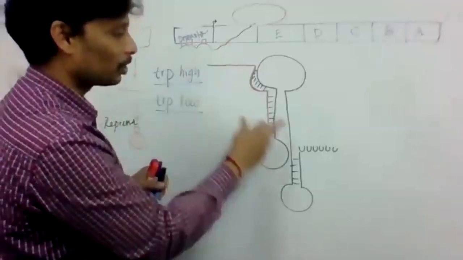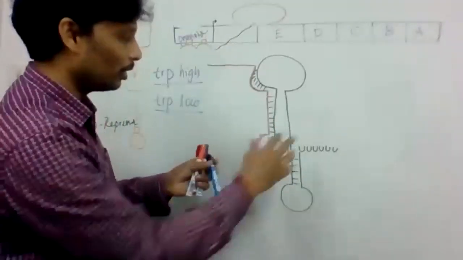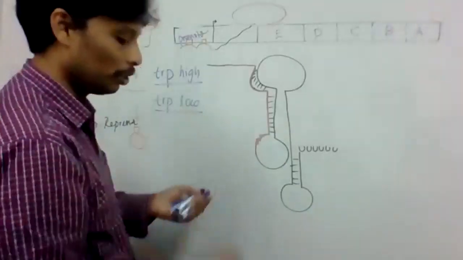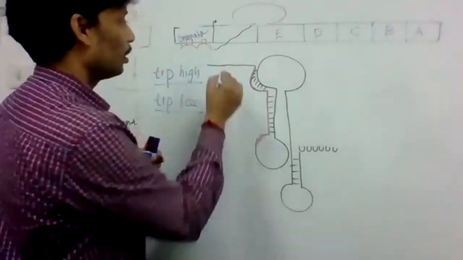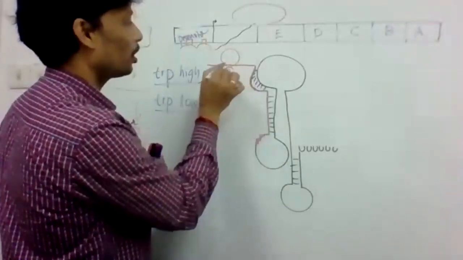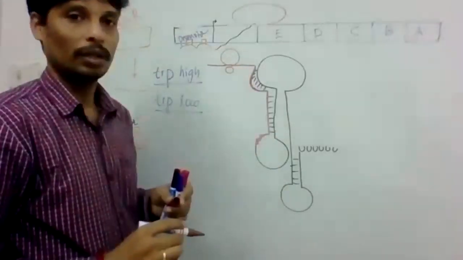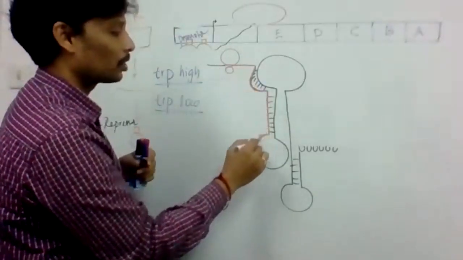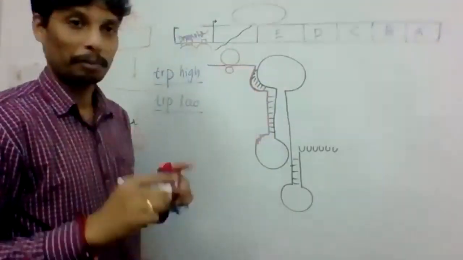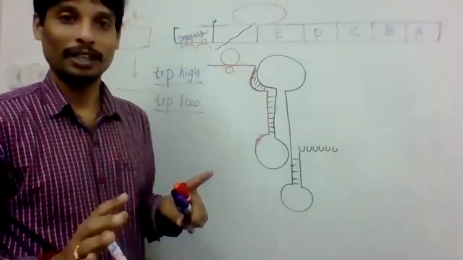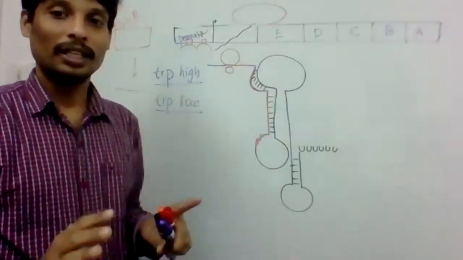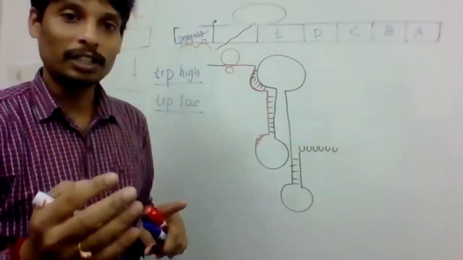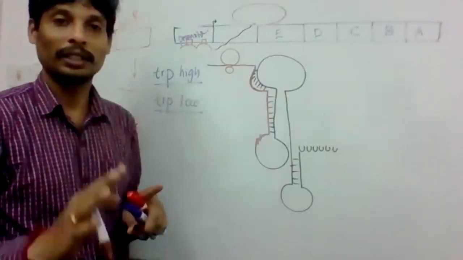In bacteria, when the transcription is still going on, with the RNA polymerase somewhere here, the ribosomes start binding to this location and start translating. And as I told you, it's just a small peptide. The peptide is not required as a protein, but this translation is very important to understand whether tryptophan molecules are present inside the cell or not.